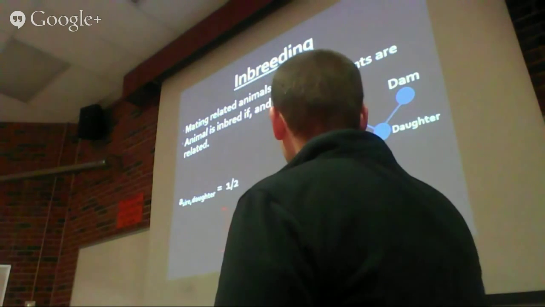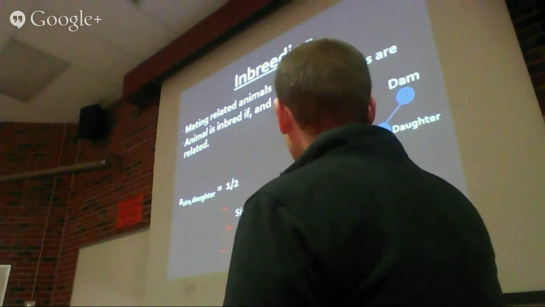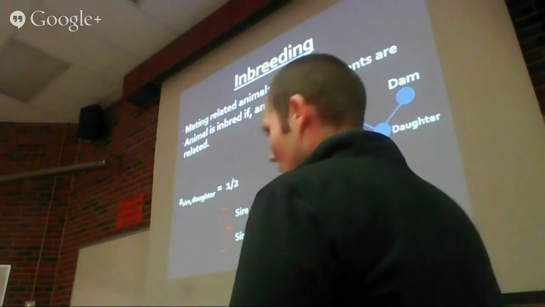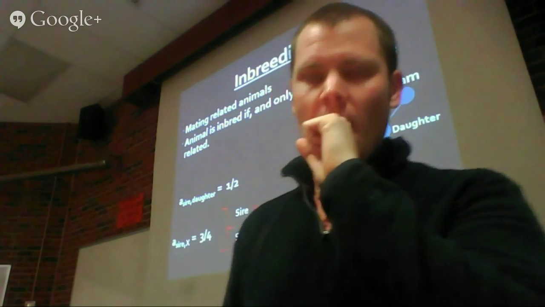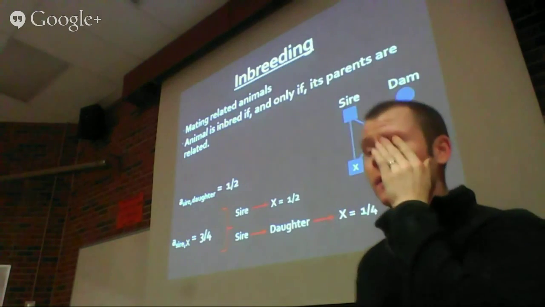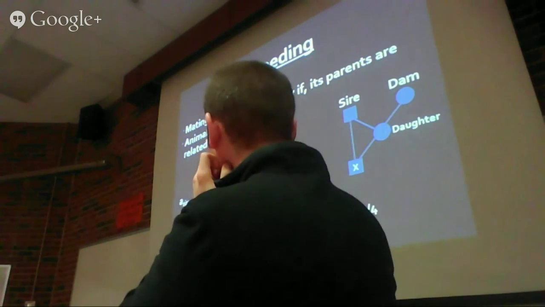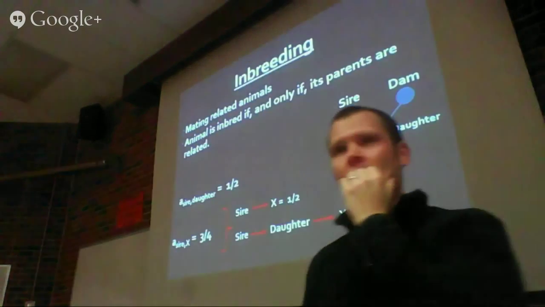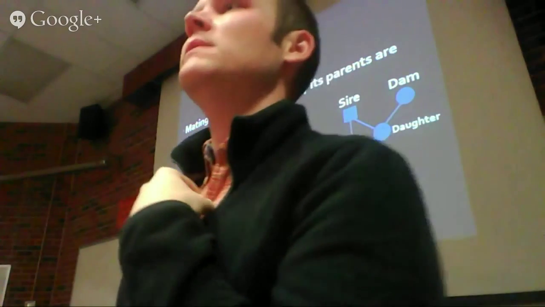We have one path there. We have a second path where we can go from sire to daughter to X, right? We can go that way as well and find a relationship. Add those up, and that sire to X relationship is 3/4. So that means they share 3/4 of their genes in common.